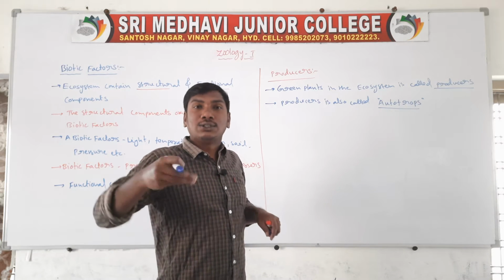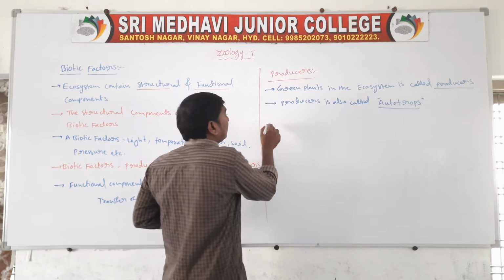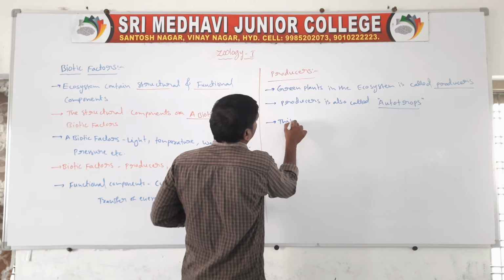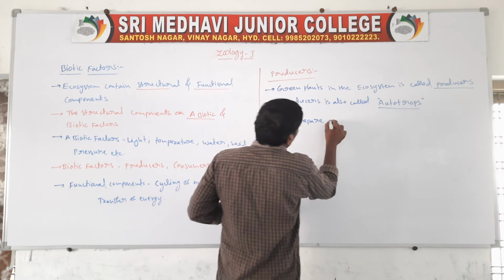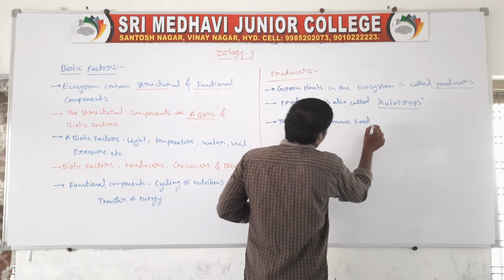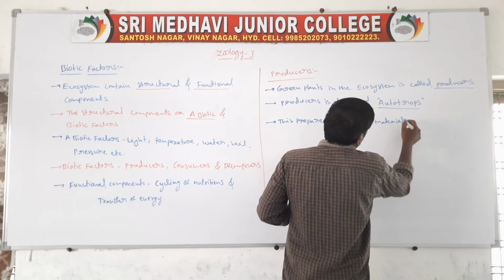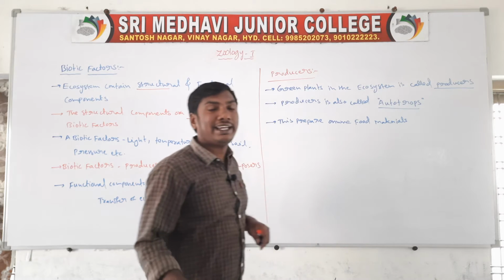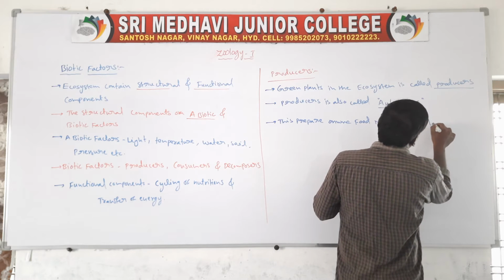Autotroph means they prepare their own food materials through solar energy.